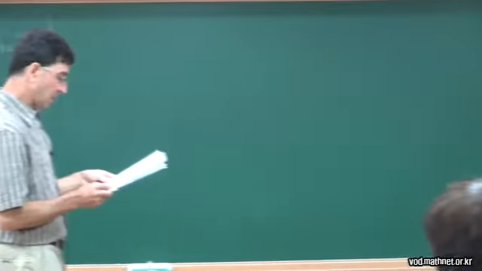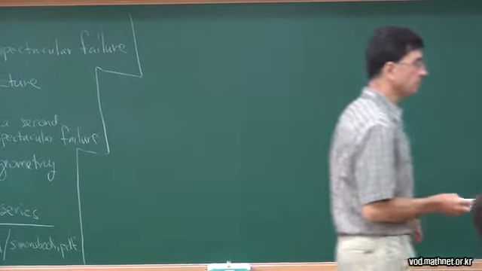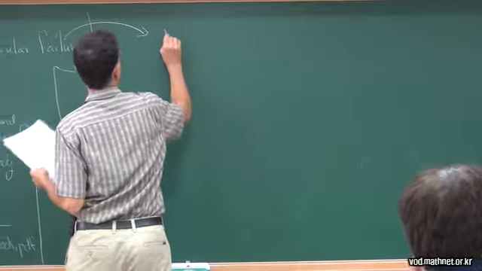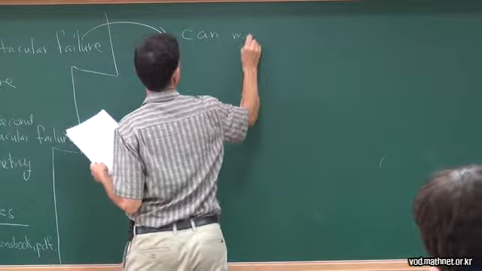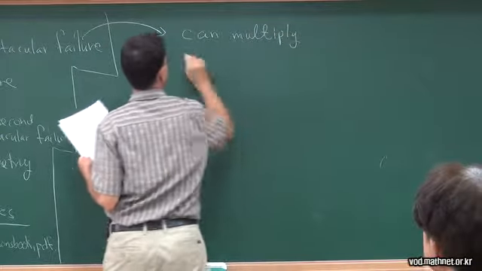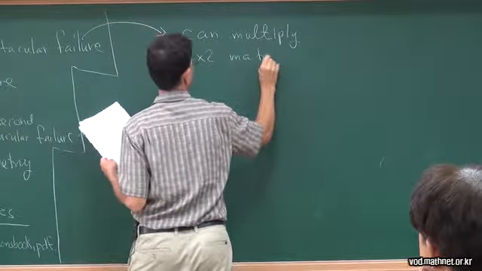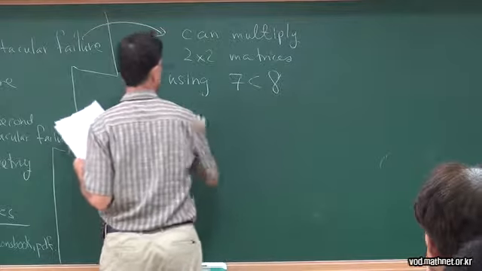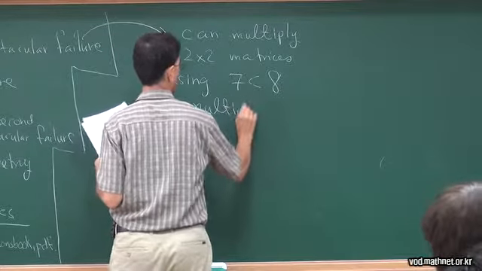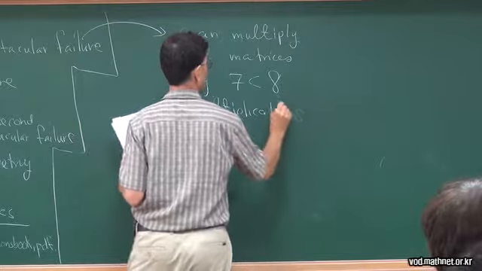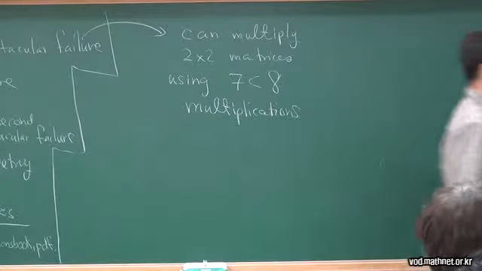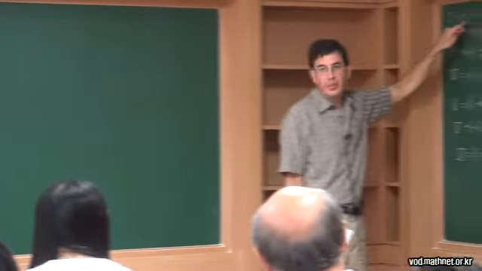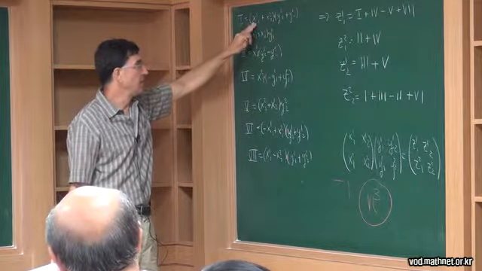Now, if we look at this algorithm, the spectacular failure was: we can multiply 2 by 2 matrices using 7, which is less than 8 multiplications. But if you look at this formula, this x11 need not be a number. It could be an element of an algebra.